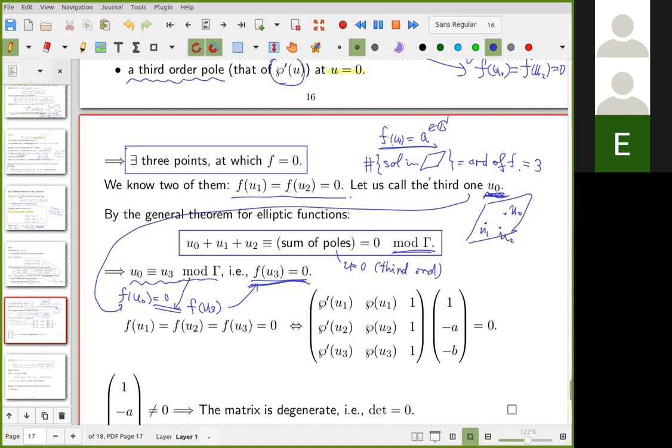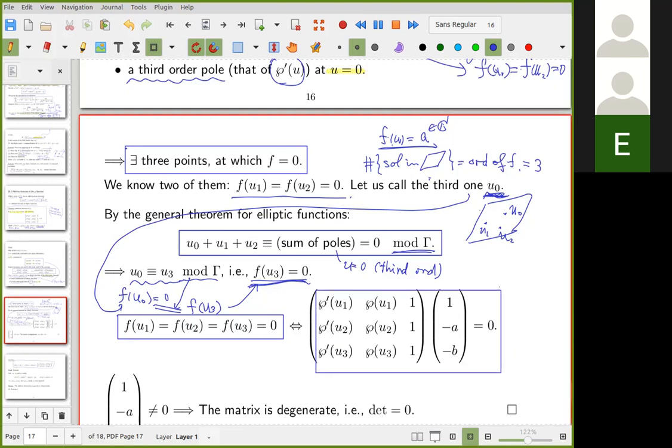Namely, we have found 3 zeros. In other words, we have such an equation.